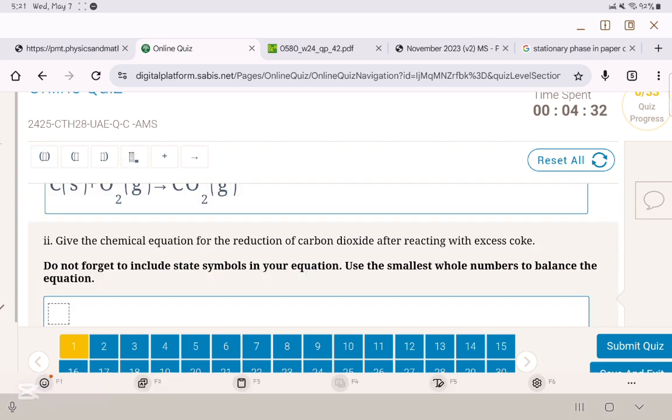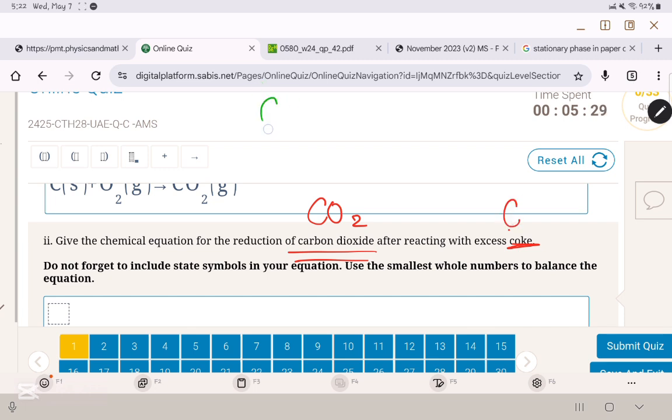Okay, for the second part. Part 2 says give the chemical equation for the reduction of carbon dioxide after reacting with excess coke. So it is the reduction of carbon dioxide. Carbon dioxide is CO2, after reacting with excess coke, which is carbon solid.